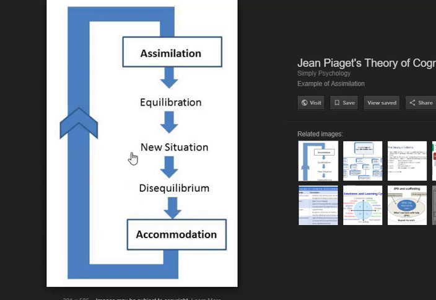And then you have your equilibrium again once you've made your accommodation and say, okay, well, now I realize that in February sometimes it is going to be warm, and then you have your new equilibrium until your new equilibrium is disrupted. As we get older, probably we get fewer and fewer disruptions of our equilibrium. When you're a year old or 2 years old, you're probably getting your equilibrium disrupted several times a day. But the thing is, it's still a process that goes throughout an entire lifetime.